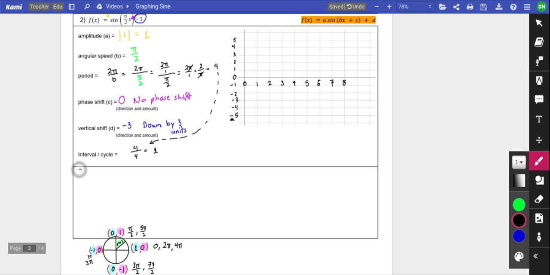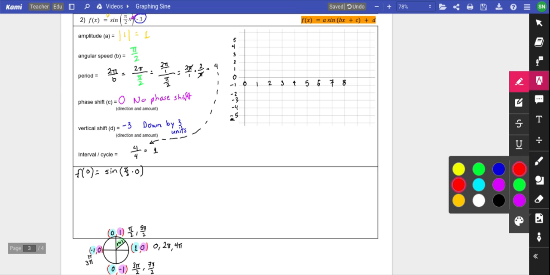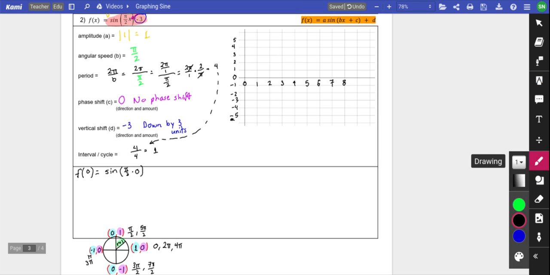Okay, so let's start by f of 0. The function is sine of pi over 2 times 0. Remember that the 0 gets plugged into the x. And if you look at the function right here at the top, the x is multiplied by pi over 2. And then we subtract 3.